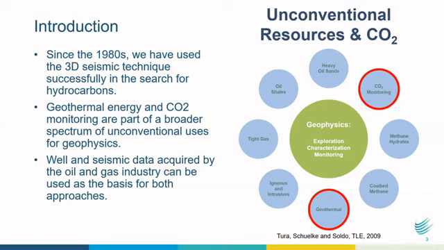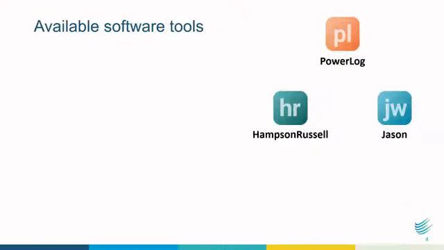In this talk, I will illustrate the GeoSoftware technologies which can be applied to geothermal projects. As Pasha mentioned in his introduction, our portfolio consists of three different software products: PowerLog, Hampson-Russell, and JSON. PowerLog is a comprehensive suite for petrophysical analysis and interpretation.